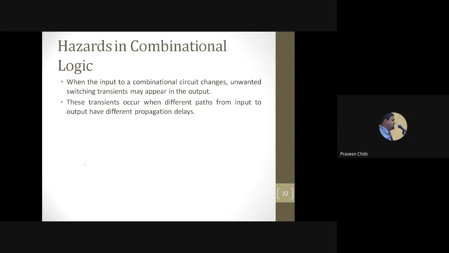For example, in a particular circuit I am expecting this kind of output, but because of the switching elements and the delays in the circuit, I may get outputs with glitches like this. These glitches are called hazards in the digital circuit or the combinational circuit.